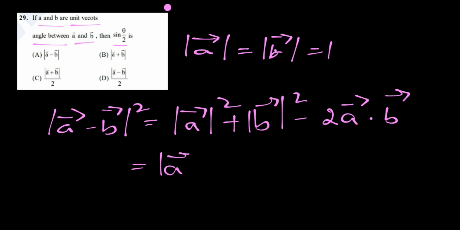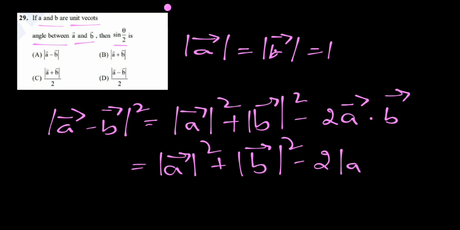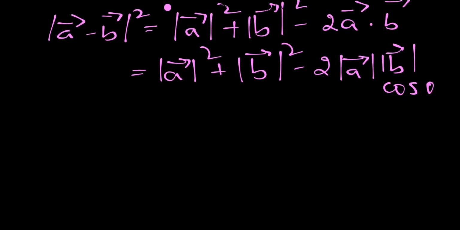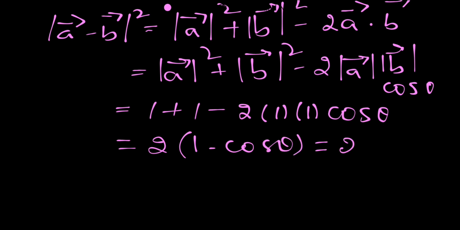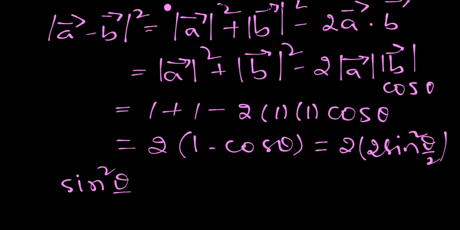So magnitude of A bar square plus magnitude of B bar square minus 2 into magnitude of A bar, magnitude of B bar into cos theta. So now magnitude of A bar is 1, B bar also 1, minus 2 into 1 cos theta. If you take 2 common, 1 minus cos theta. 1 minus cos theta is 2 sin square theta by 2.